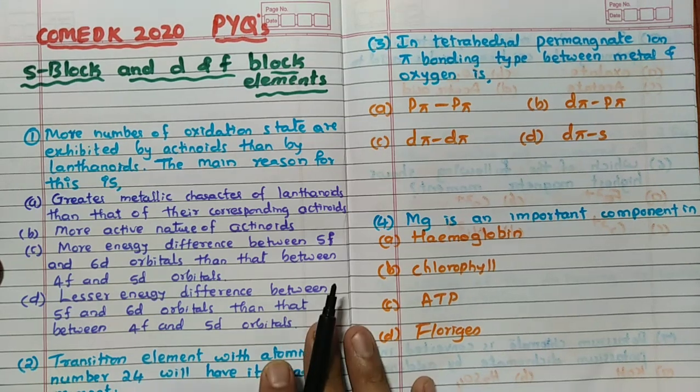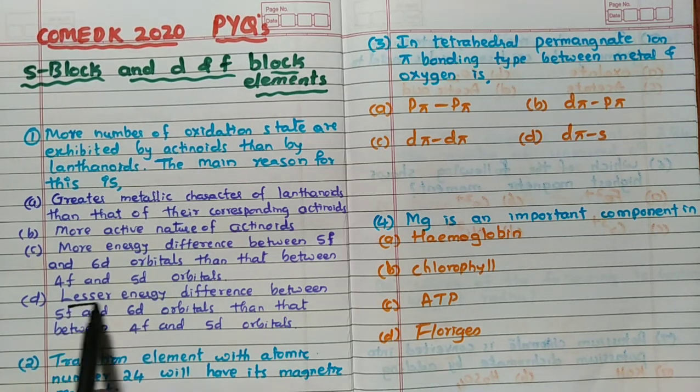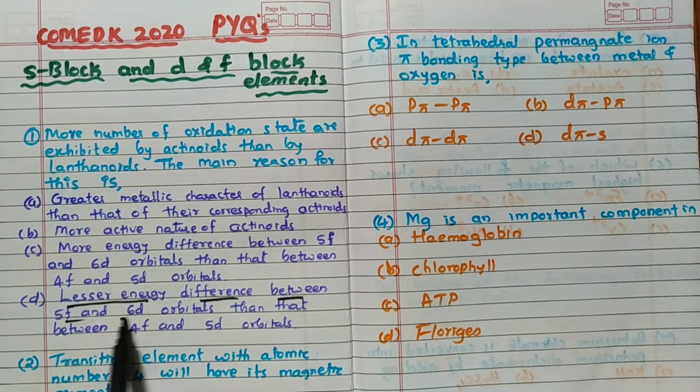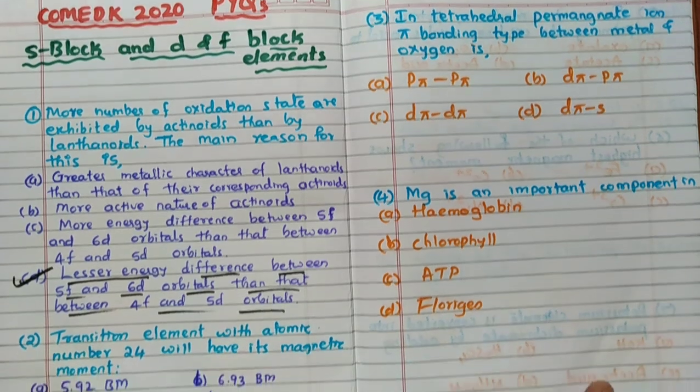Remember, less energy difference is the answer for this. You search for that word, that should be the answer. See, out of these options, the energy difference between 5f and 6d orbitals is lesser than that of 4f and 5d orbitals. Then definitely the answer for this question should be D. Lesser energy difference is the main important reason for the variable oxidation state property of d and f block elements.